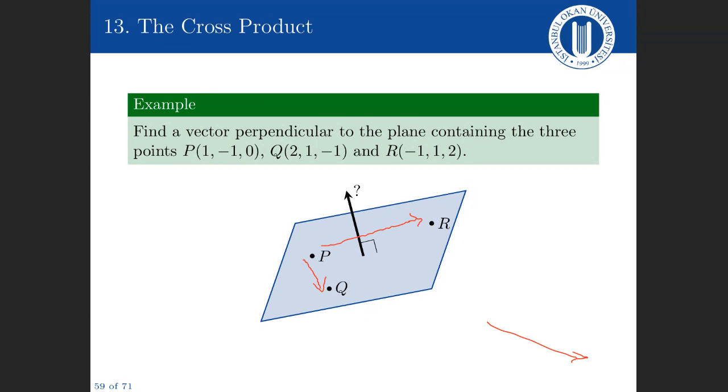We have these two vectors, and we want to find a new vector which is perpendicular to both of them. This is just the cross product. The cross product is always perpendicular to these by definition.